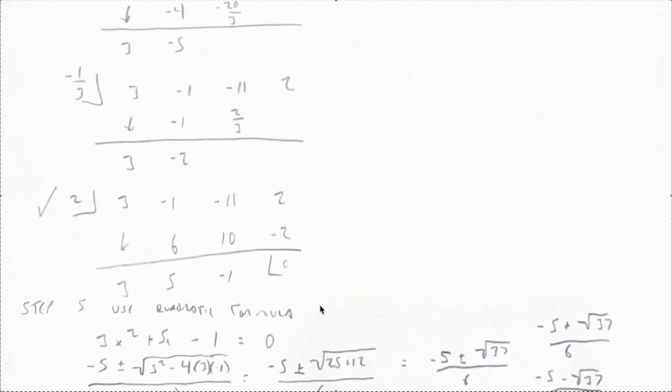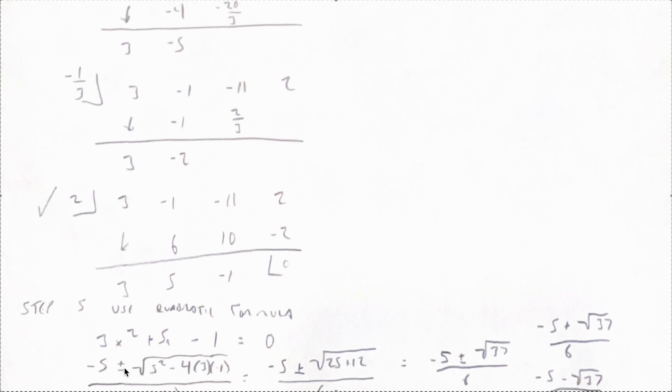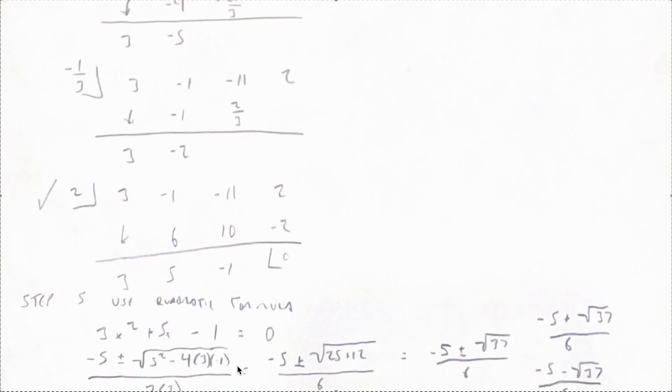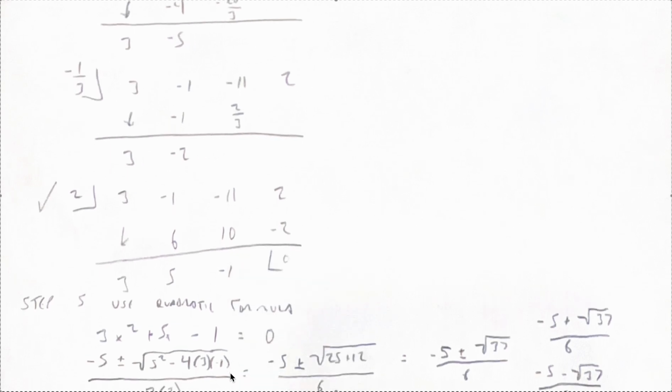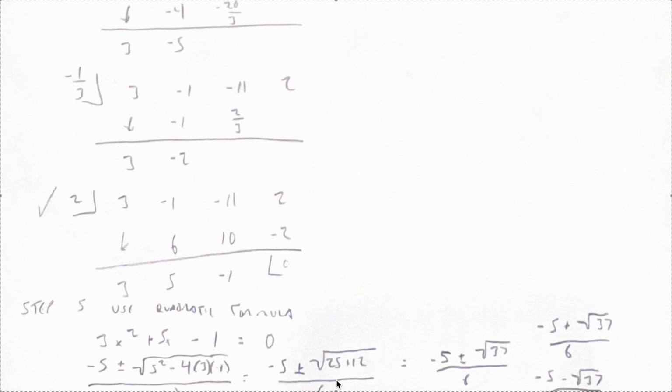Having trouble here with bringing my screen up all the way. But it's the opposite of b, plus or minus the square root of b squared, 5 squared, minus 4 times a times c, that's a negative 1, all over, and you can't see this down here, but it says 2 times a, the 3. 2 times 3 is going to be 6, and that's what you see over here.